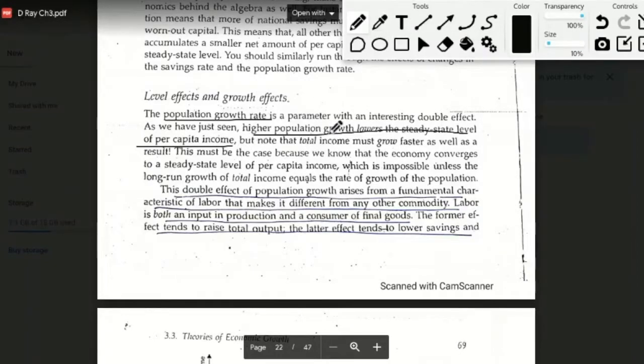But at the same time, a higher population growth rate will increase the growth rate of the total income. So the population growth rate in this case has two kinds of effects. One lowers the steady state level of capital, and the other increases the growth rate of the total income. But remember that we are talking about the growth rate of total income and not per capita.